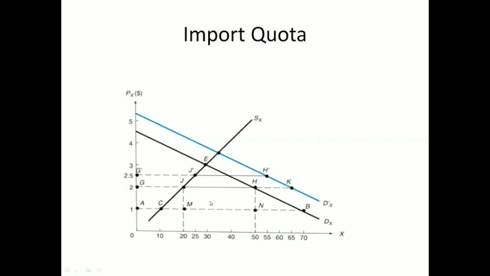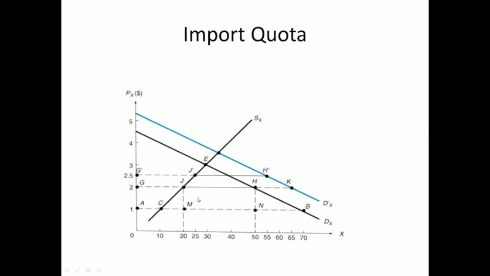And at the higher price, the country is producing from 10x to 20x of this commodity and consuming 50x of this commodity, down from 70x. This area is showing the producer's surplus now, and this area is the loss in consumers' surplus now.